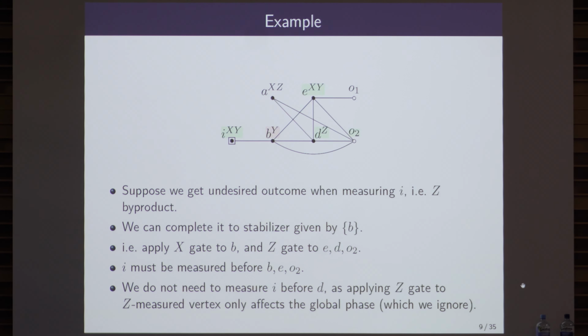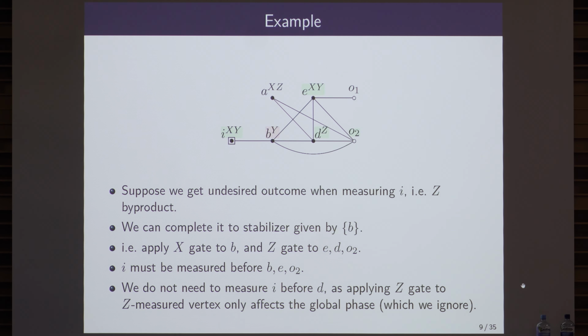However, note that we don't have to necessarily measure I before D. So why is that? Well, qubit D is in the end measured in the Pauli Z basis. And applying a Z gate to something that is measured in the Z basis would only affect the global phase. So because of that, we might as well just ignore the fact that it has to be applied. And because of that, we don't get a constraint that we must measure I necessarily before D.